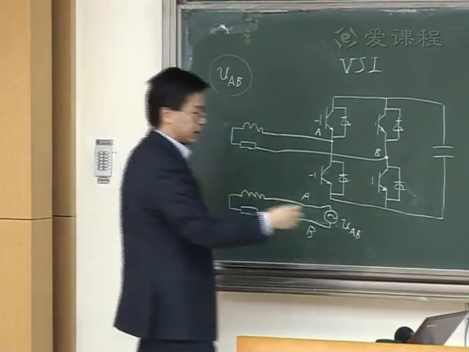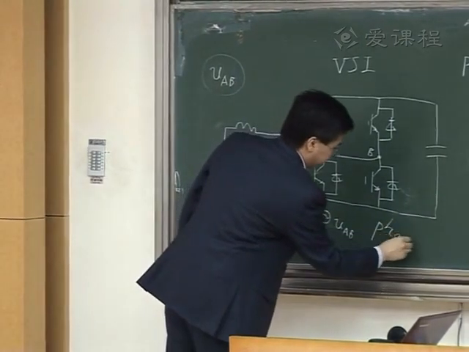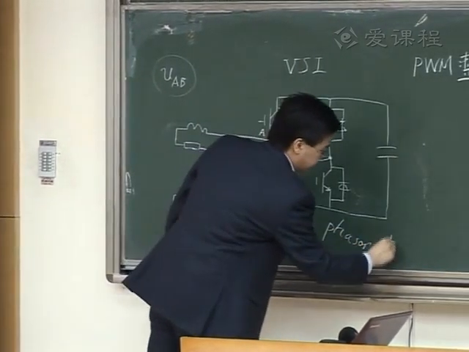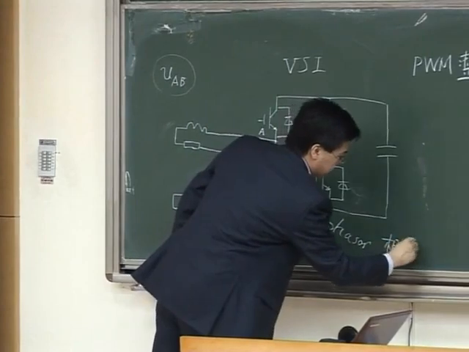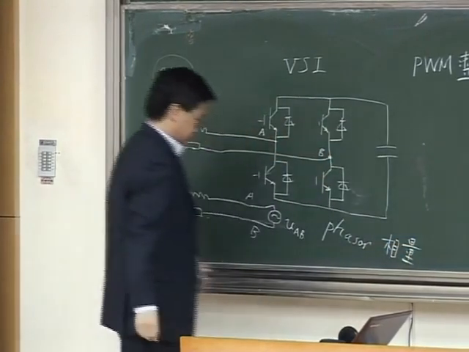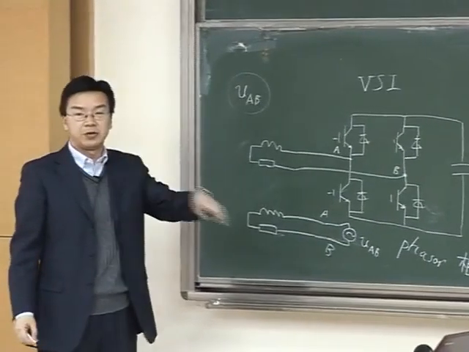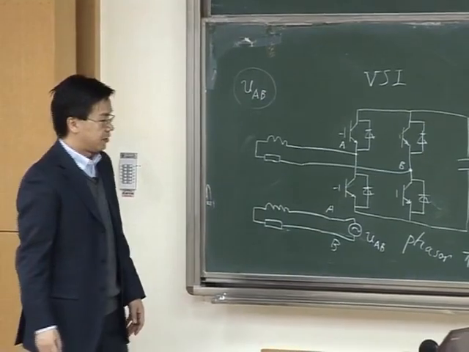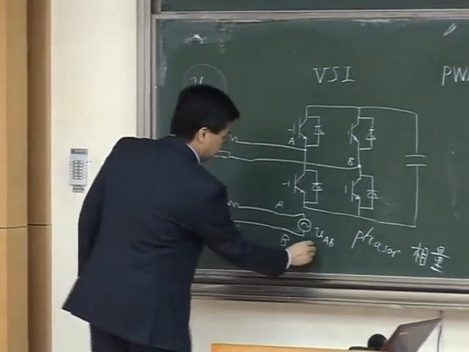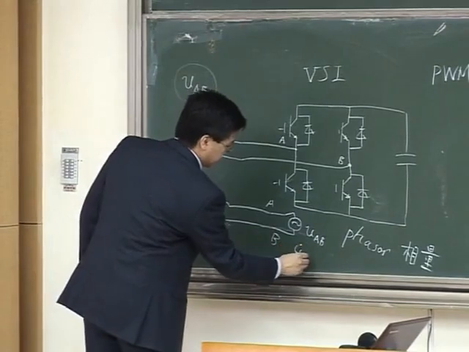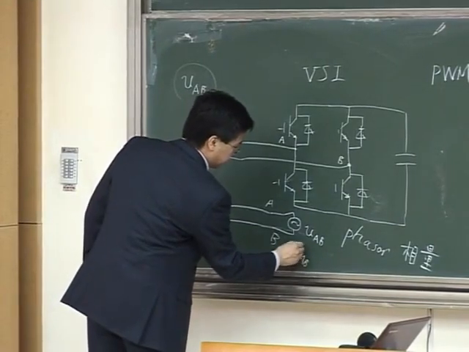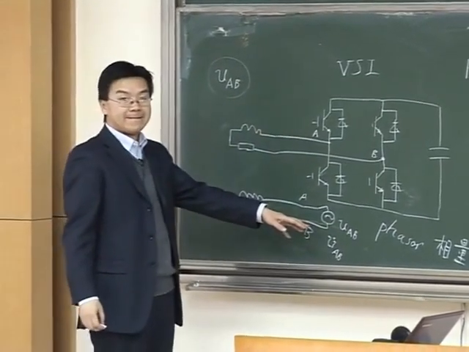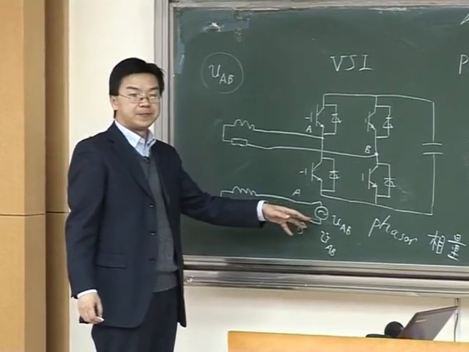I can use phasors to represent this circuit, to represent the variables in this circuit. For example, I'm using UAB with a dot to represent the phasor of this sine AC voltage.